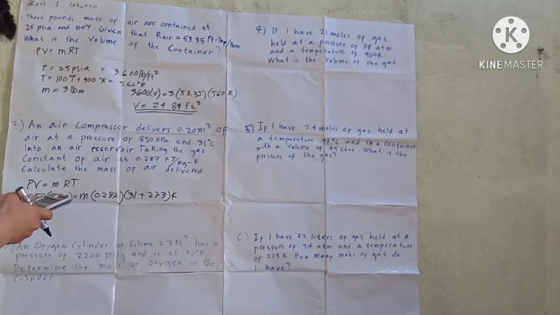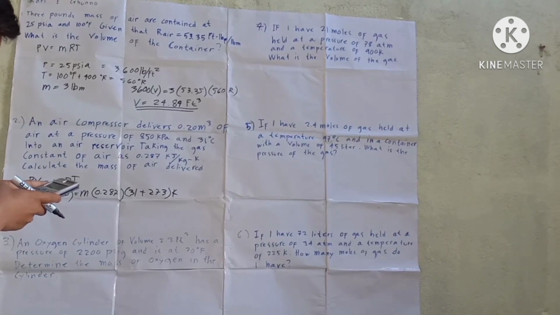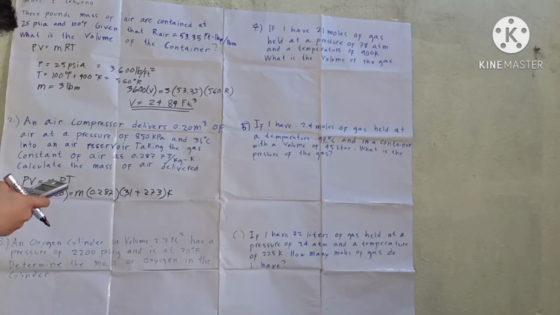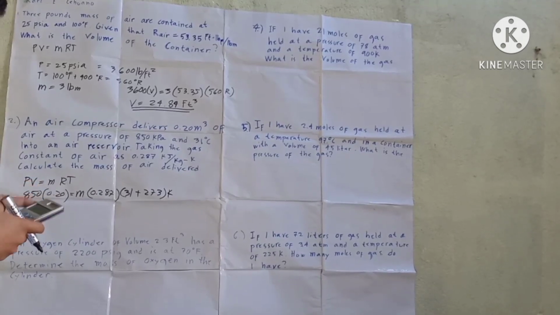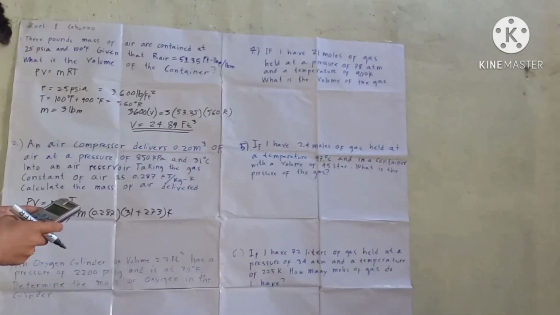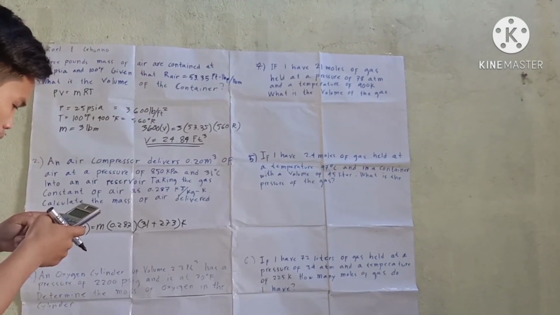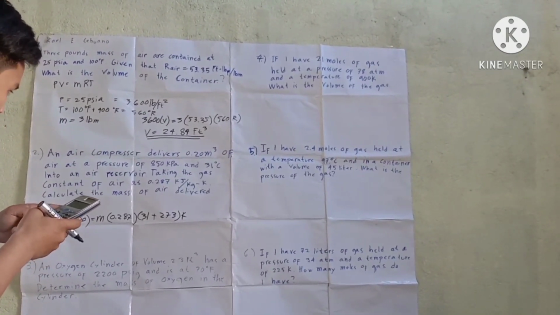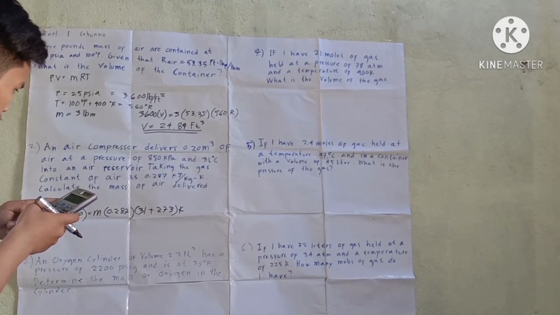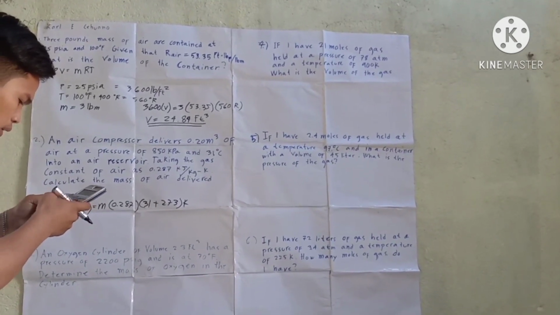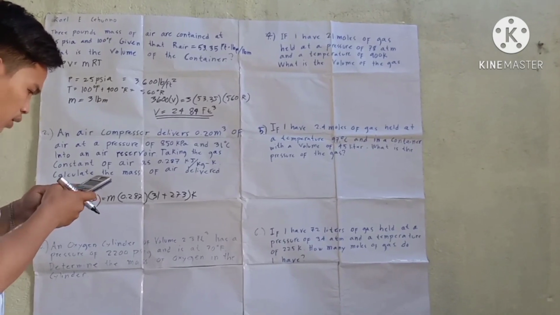850 times 0.20 equals x times 0.287 times 31 plus 273.